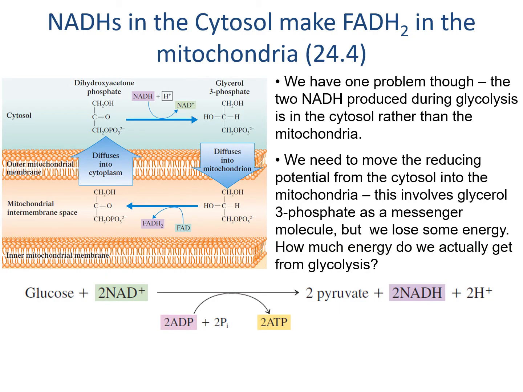Now that we've talked about the entire process of glycolysis, let's talk about normal energy yields for glycolysis. Under normal aerobic conditions, that's conditions with oxygen, we'd want all the reduced cofactors like NADH and FADH2 to be oxidized in the electron transport chain to give us energy.